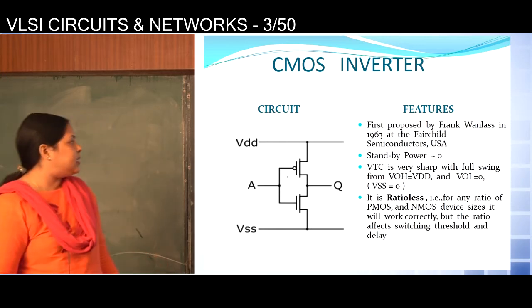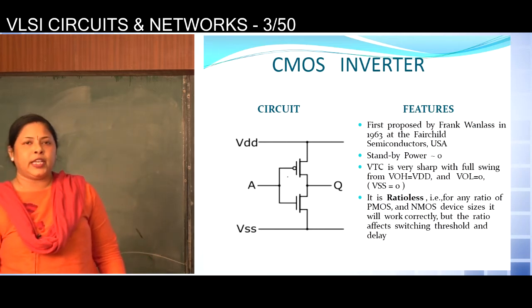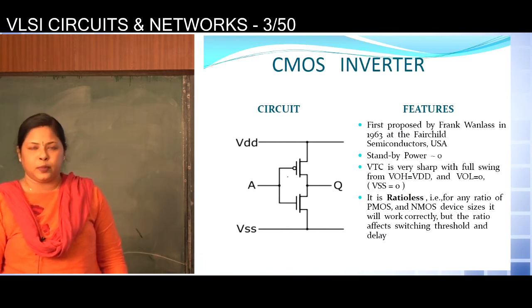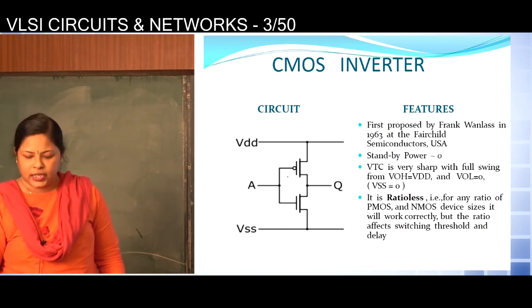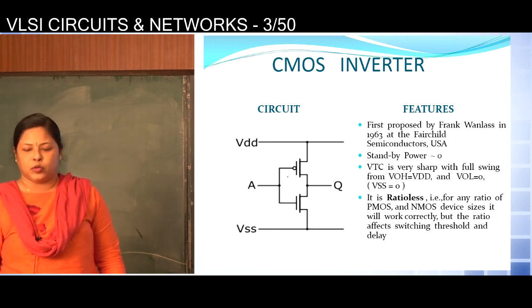So this is the basic circuit of CMOS inverter. Now if we give one input and we change the input from 0 to 5 volt or from 0 to VDD, then for each and every voltage what will be the output?